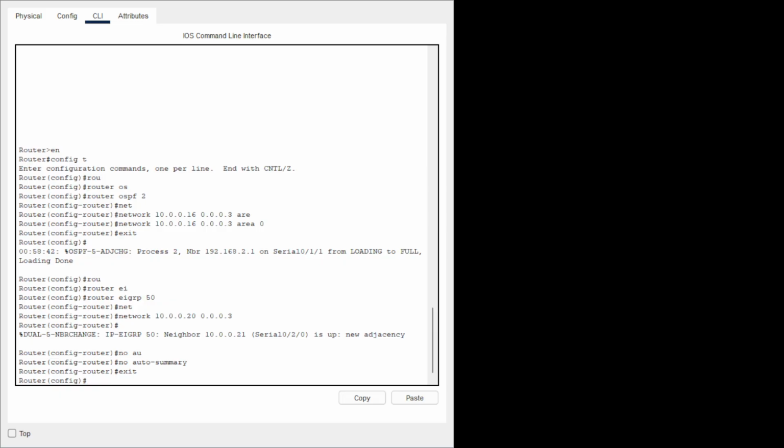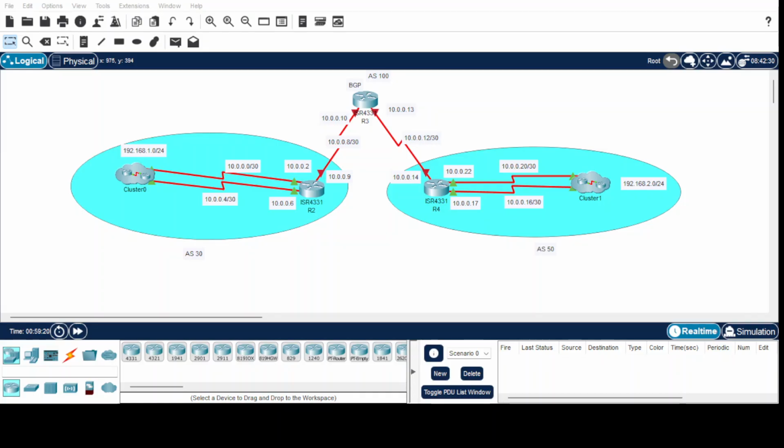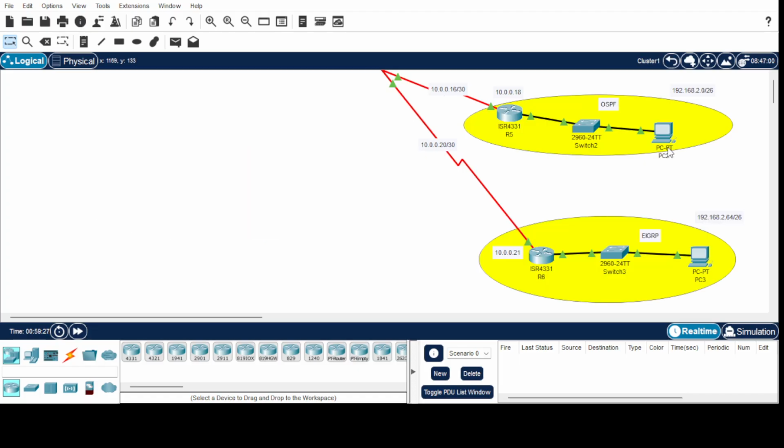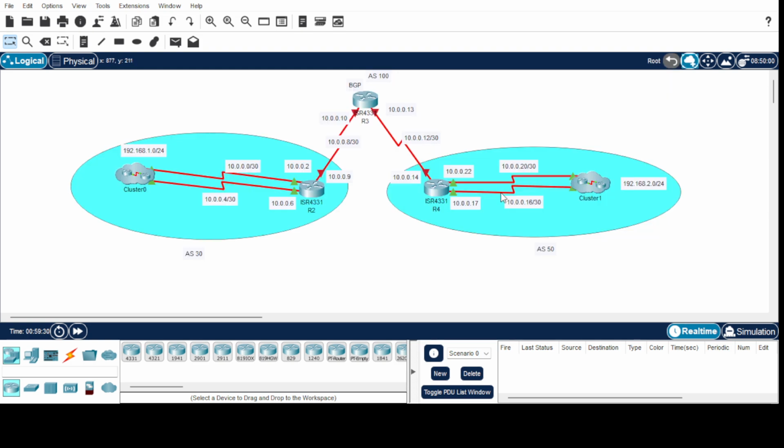Now similarly, just like in our cluster 0, here also in cluster 1 the PC 2 and 3 can't connect with one another because the two routing protocols which have been configured at the edge router R4 are unknown to each other, so we have to let them know one another.